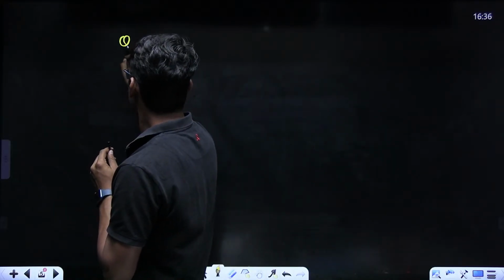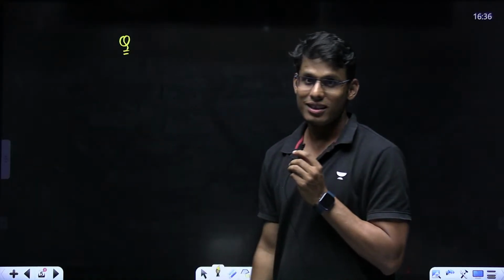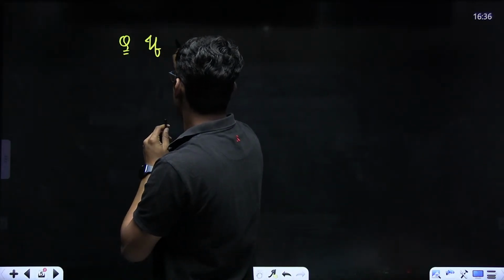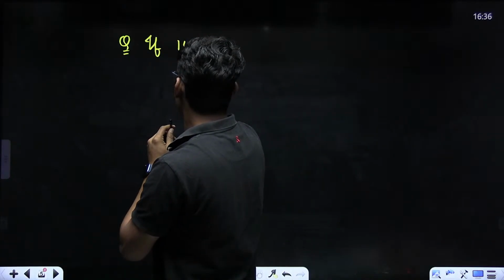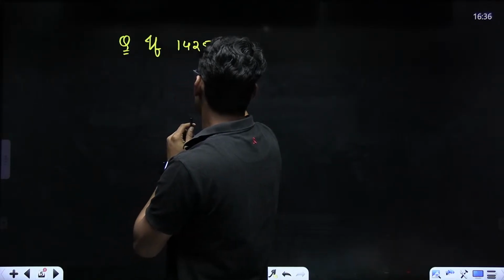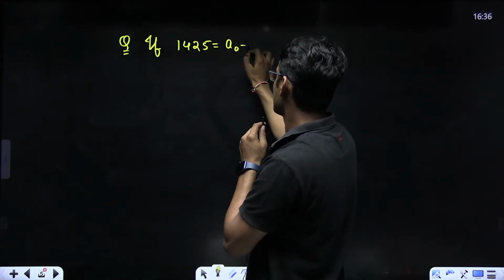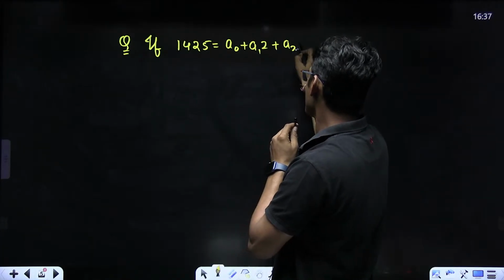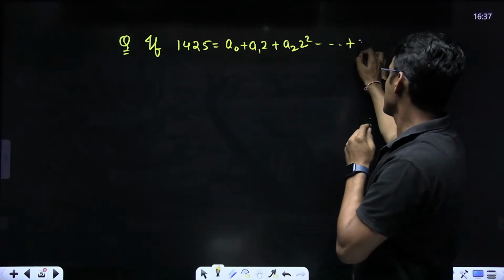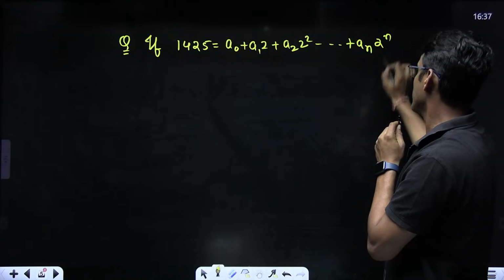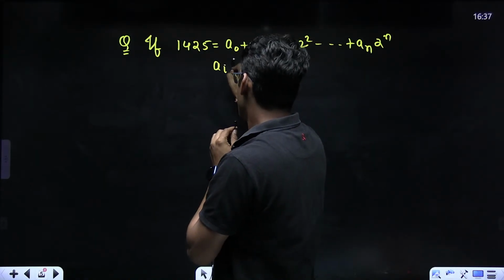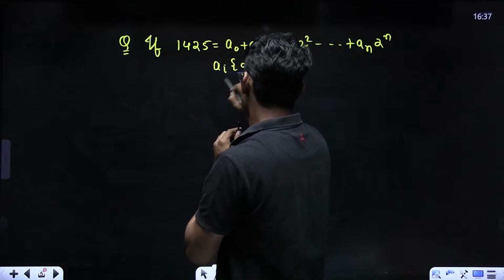Now, let's see. If 1425 equals a naught plus a1 times 2 plus a2 times 2 square plus ... plus an times 2 to the power n, where a i belongs to 0, 1.